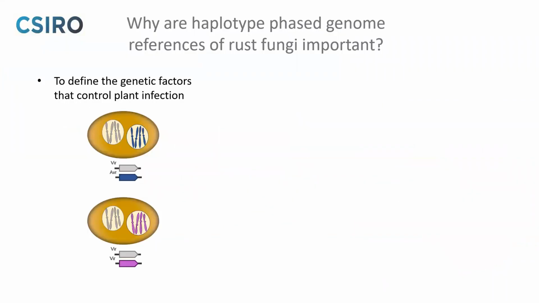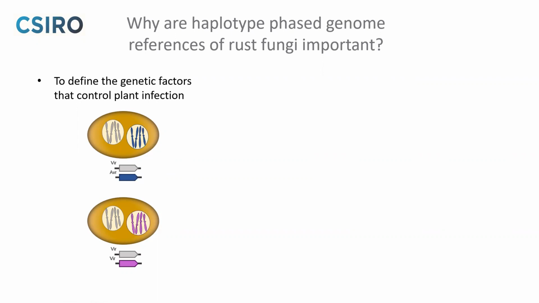Okay, so this piece of research, this journey, started with us attempting to separate haplotypes in rust fungi. And as you are aware, rust fungi have two independent nuclei, and each of these nuclei contributes to the infection process. So if we separate the information from each nucleus, we are well positioned to define genetic factors that control plant infection. As I'm showing here, this strain is heterozygous for an avirulence effector locus and therefore unable to infect the plant.